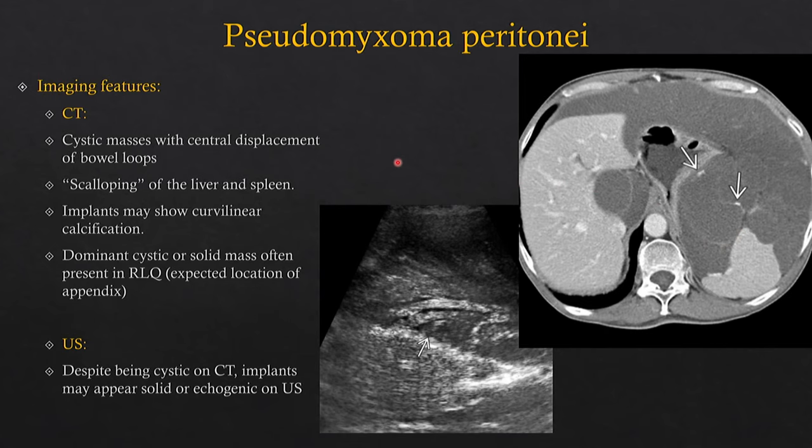These cystic masses can provoke the central displacement of the bowel loops, and in the ultrasound, despite being a cystic mass, we can see some solid appearance or echogenic foci inside these images.